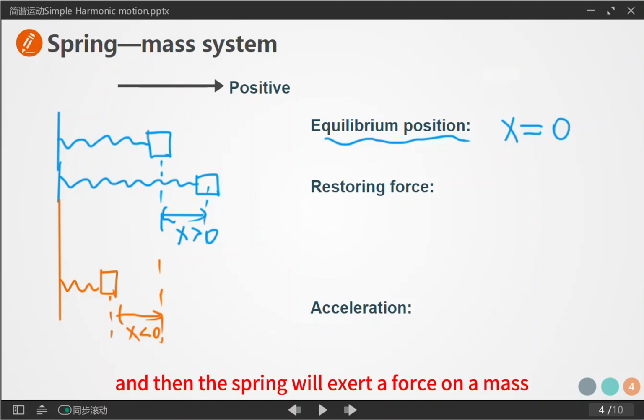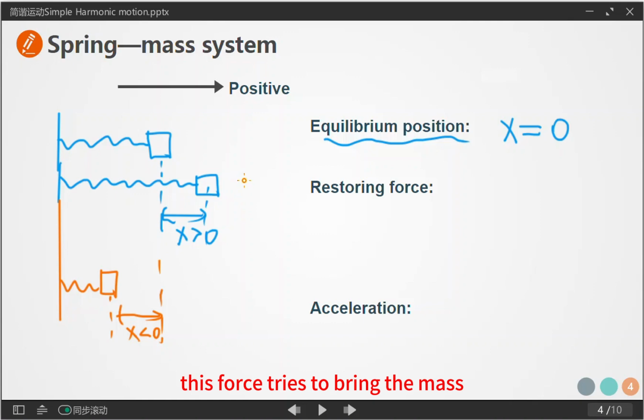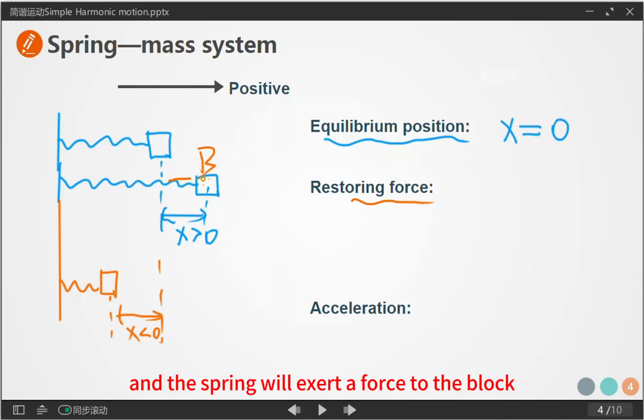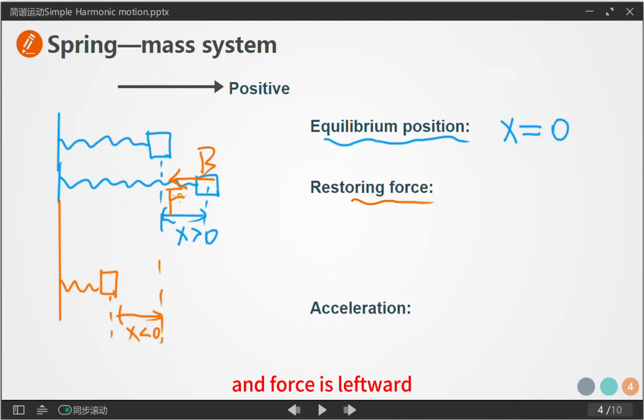And then the spring will exert a force on the mass. This force tries to bring the mass back to the equilibrium position, so we can call it restoring force. Just like if the block is at point B, the spring will exert a force on the block and the force is leftward.